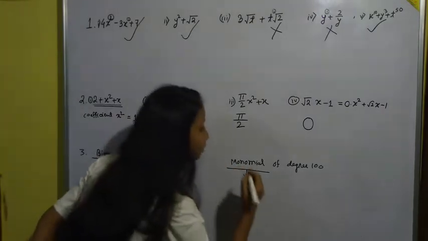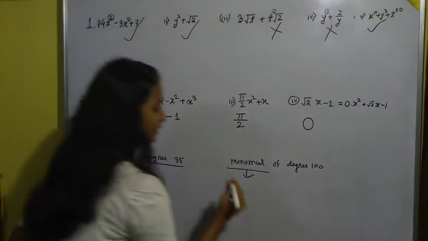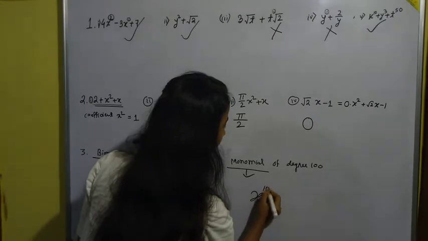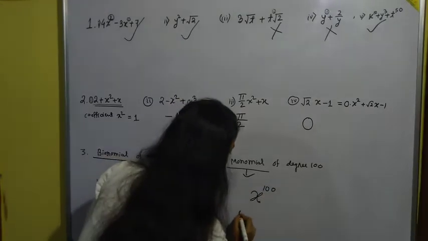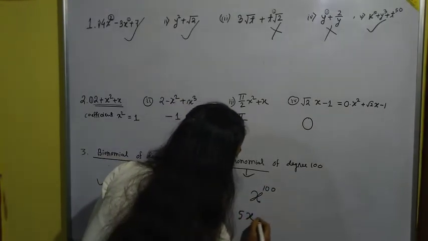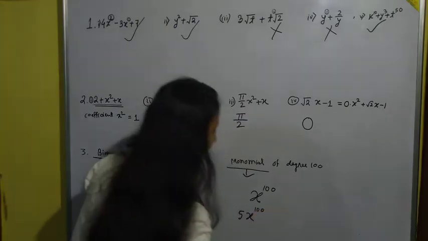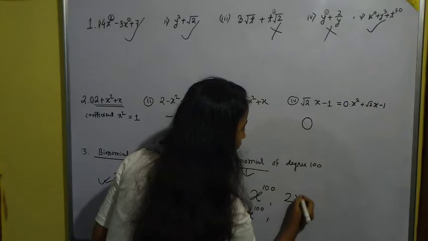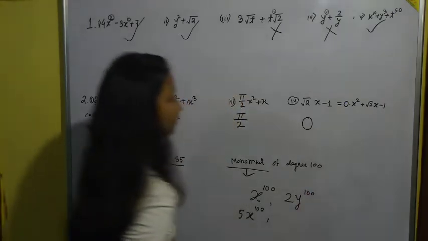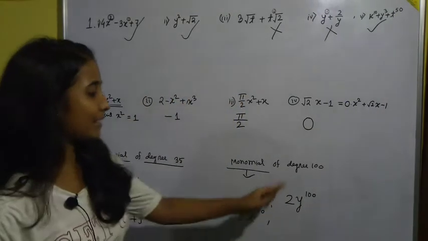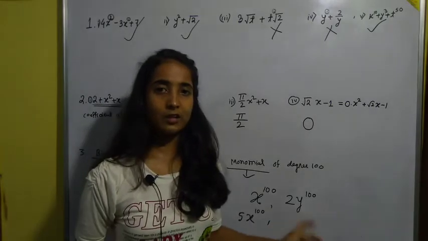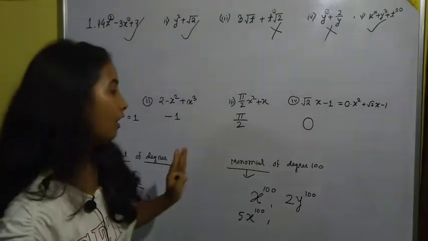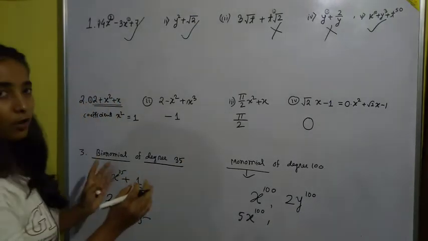You have to write only one variable, for example x, and the degree should be 100, or it can be 5x to the power 100, or it can be 2 into y to the power 100. Okay, so these are some examples of a monomial of degree 100. You can give a lot of examples of such polynomials.